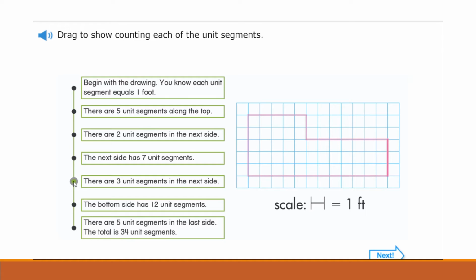We count 12 unit segments. And finally, the last side here has 5 unit segments. And they did the math for us, but adding all of these sides together equals 34 unit segments.